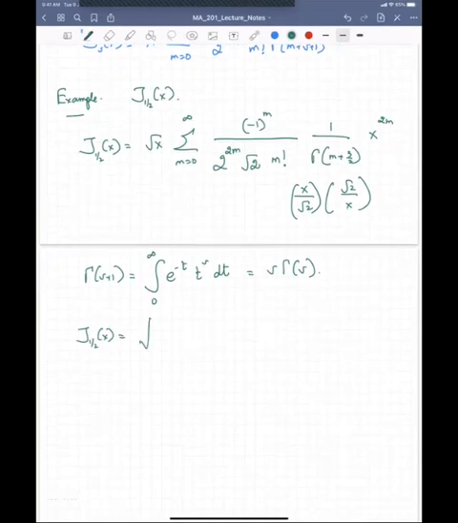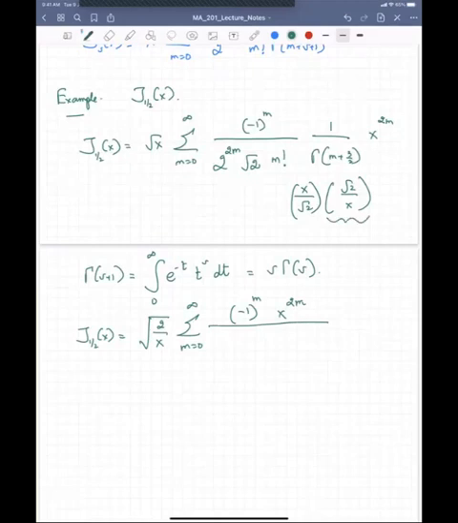So I can write this as square root of 2 over x on the outside, m equals 0 to infinity. There is nothing I can do to the minus 1 to the m or x to the 2m, so I'll keep them as such. So now notice that since I've taken this square root of 2, I'm taking this factor outside.